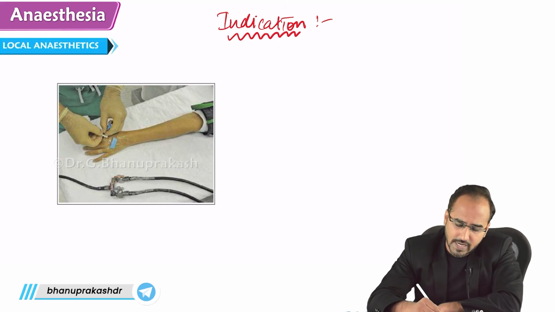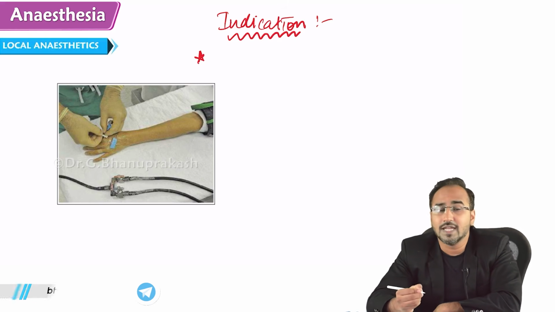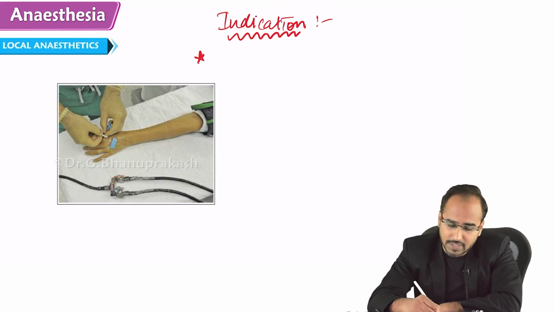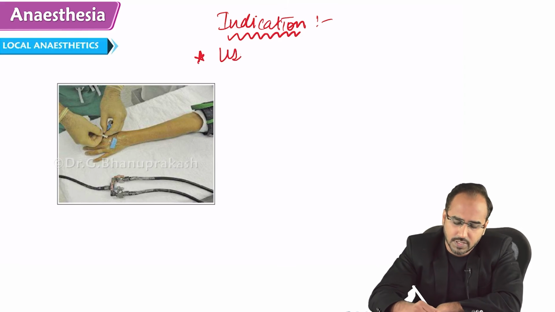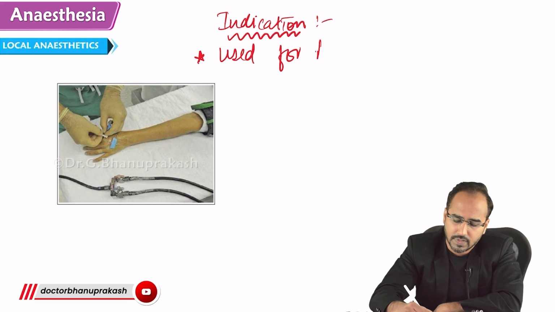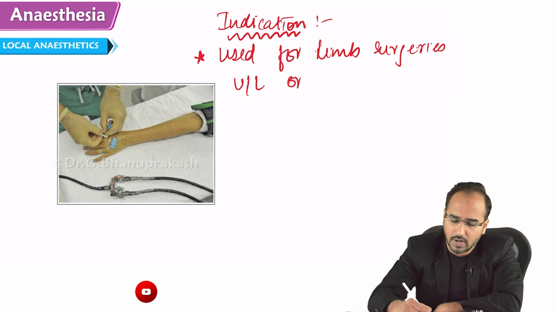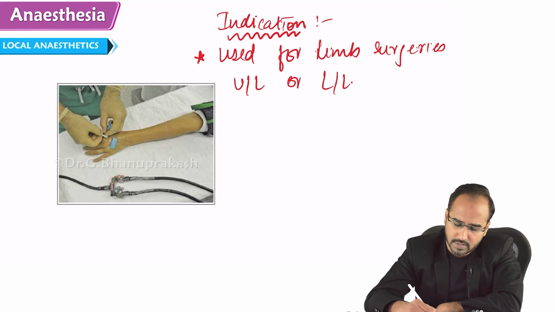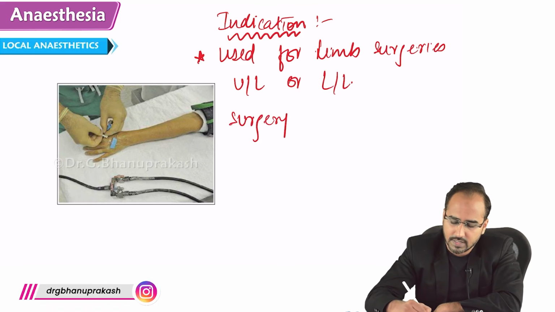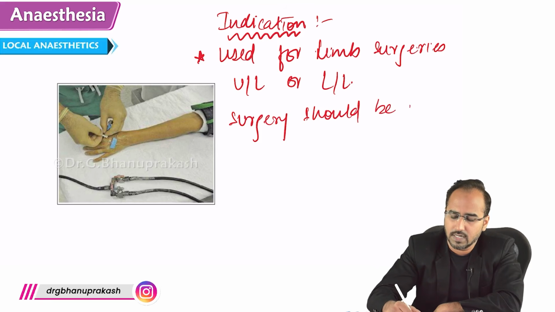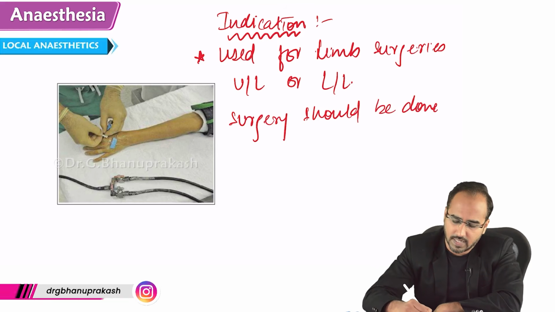So just look over here guys. The indication of IVRA is usually limb surgeries, whether it is upper limb or lower limb. But the surgery should be done within 1 hour. Why, sir?